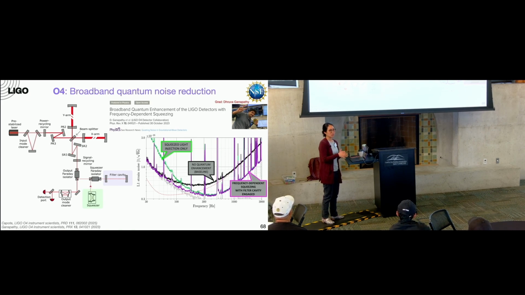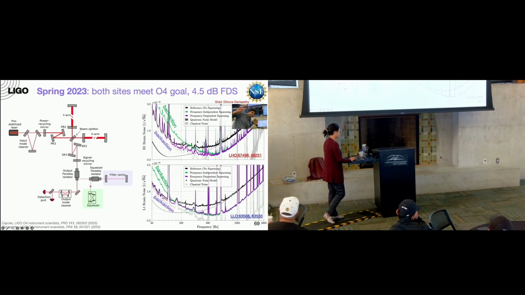We call this, it's kind of a funny name, broadband quantum noise reduction, right? Because we're reducing quantum noise at all of these astrophysical frequencies. But one thing that's weird to think about is that we do this for both sites, and we're calling it broadband quantum noise reduction, but if you look at the frequency scale here, this is quantum noise reduction of noise sidebands that are within 100 hertz of the carrier.